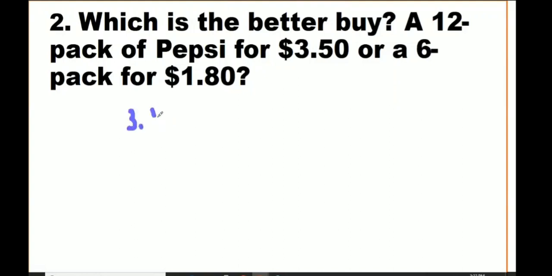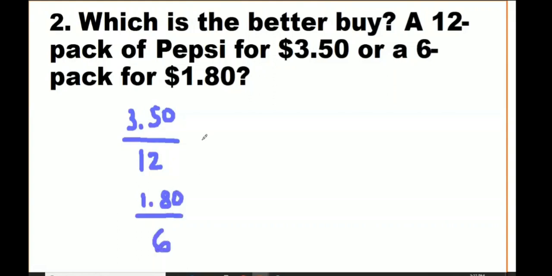Remember, you have to start with the price. 3.50 divided by, when we use a bar, that means division, so 3.50 divided by 12. And the second one is 1.80 divided by 6.